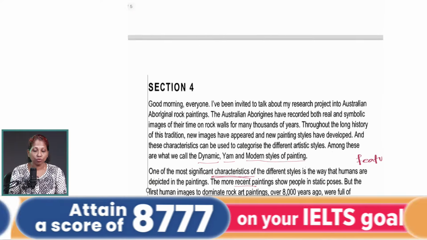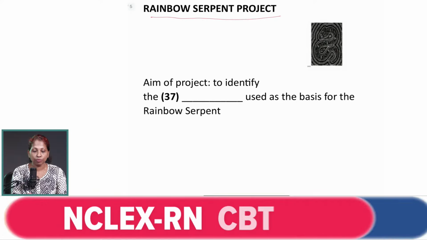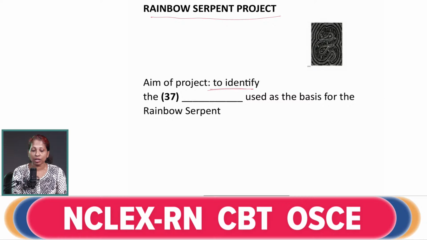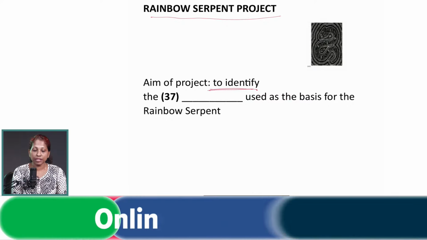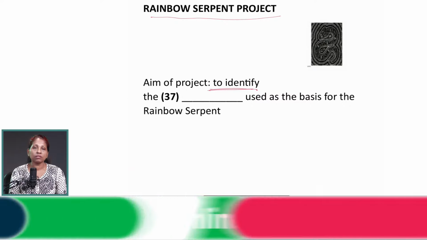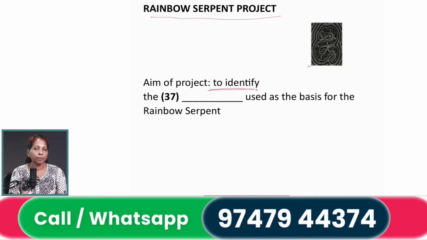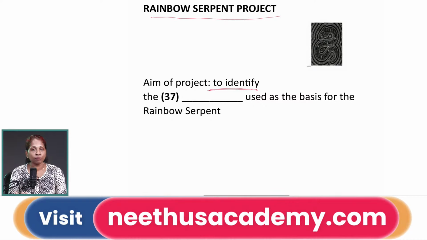So the first note we are going to fill is about the aim of the project. To identify the dash used as the basis for the rainbow serpent. The speaker's focus is on knowing more about this rainbow serpent project.